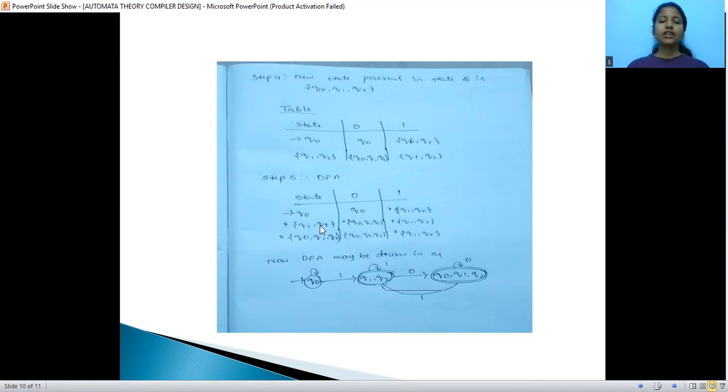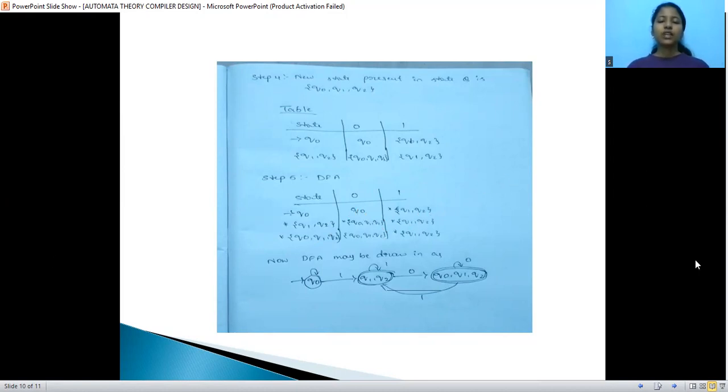The start state is Q0. Q0 moves on 0 to Q0, and on 1 to Q1 and Q2, the final state. We now consider the state Q1, Q2. It moves on 0 to Q0, Q1, Q2.